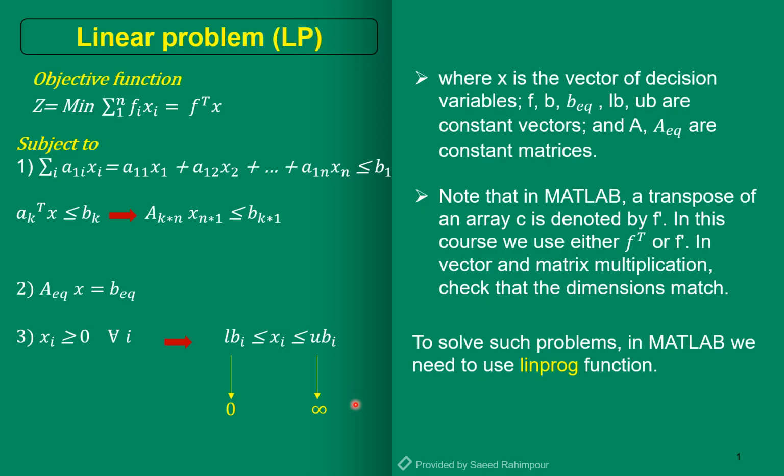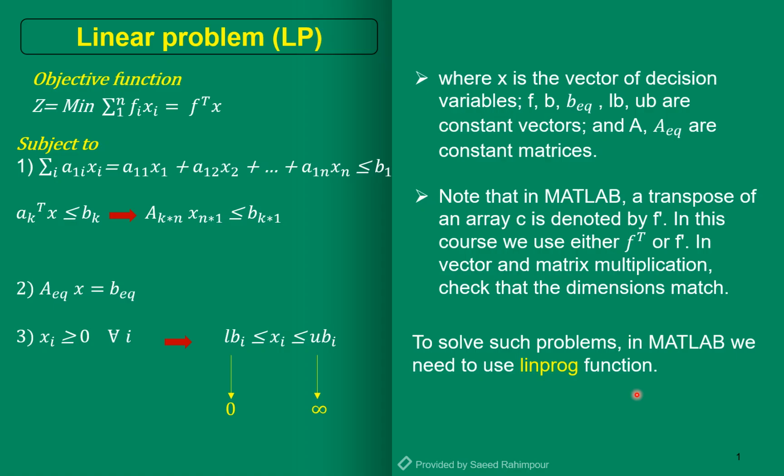We also need to consider that x is a vector of decision variables, and f, b, beq, lower bound LB and upper bound UB are constant vectors, while A and Aeq are constant matrices. In Matlab, we will define the transpose with F prime or F transpose, which you will get familiar with through the coding.